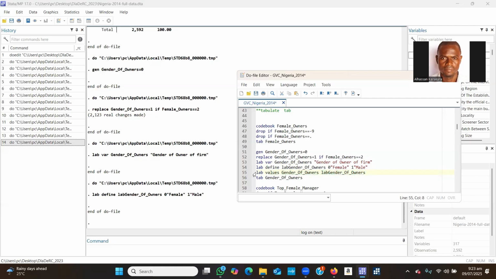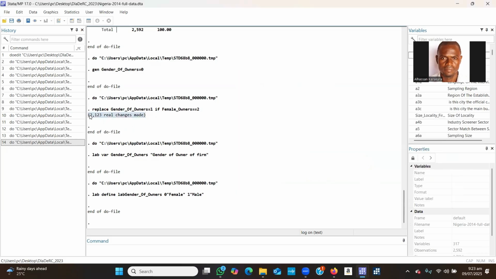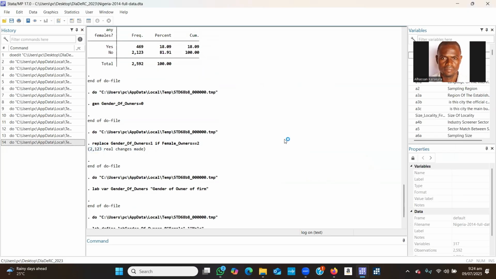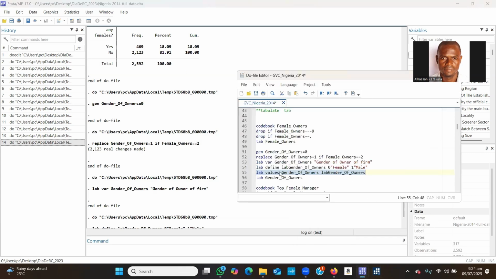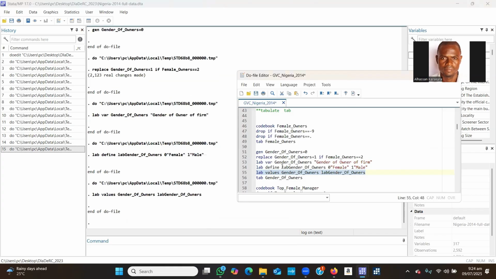So you are now labeling the values of the variable, the 2,123, which represent our no, and the 469, which represent our yes. So you need to label the values too. When you run this command, you are done.